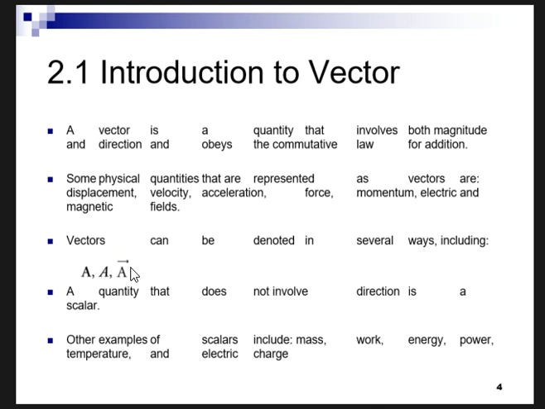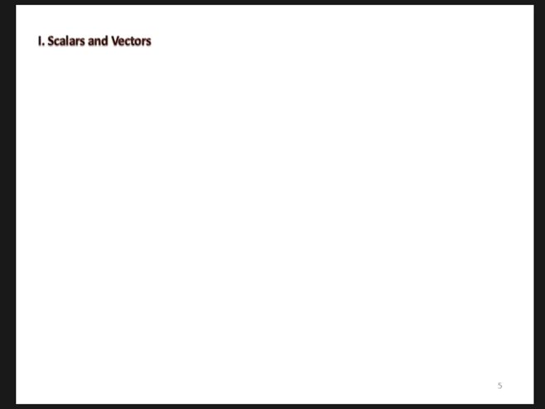Okay, sekarang daripada vectors kita ada scalar quantity. Scalar quantity, this one ada magnitude saja. This one doesn't have directions. So example untuk scalar quantity kat sini adalah mass, work, energies, powers, temperatures, electric charge. Scalars and vectors. Scalars are numbers, magnitudes or units, they don't have directions.